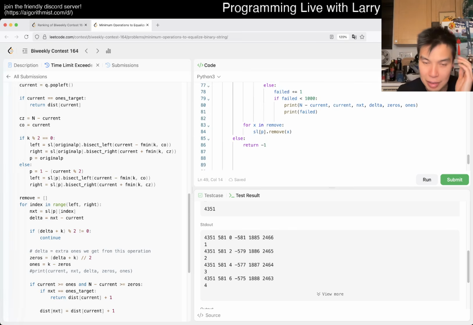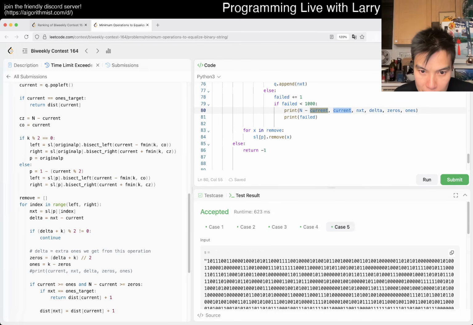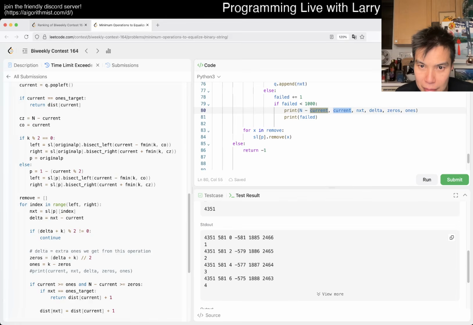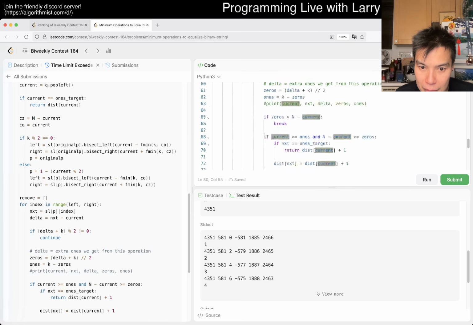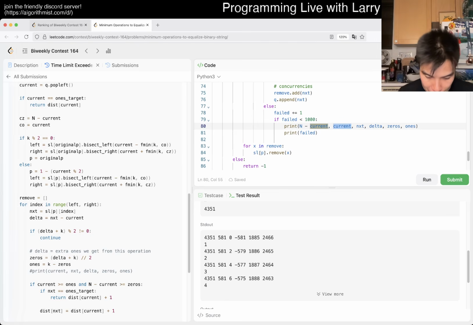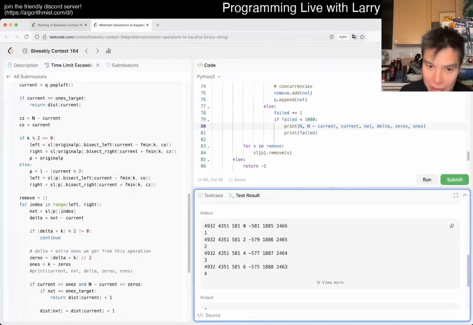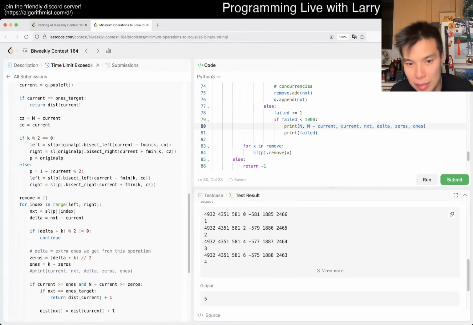Okay. So this failed because our current is 581. Really? I guess 4 is n, and let me just print out n. I'm actually also getting tired. Okay, so just one iteration.